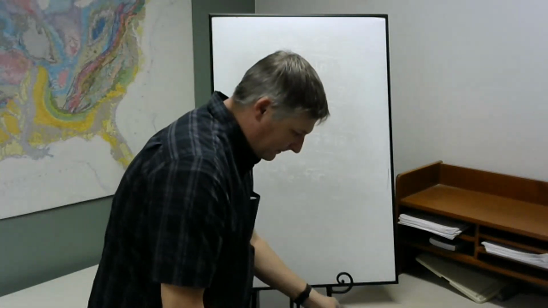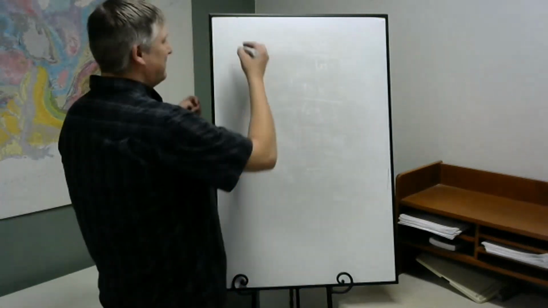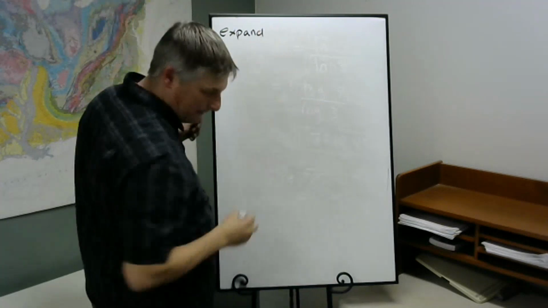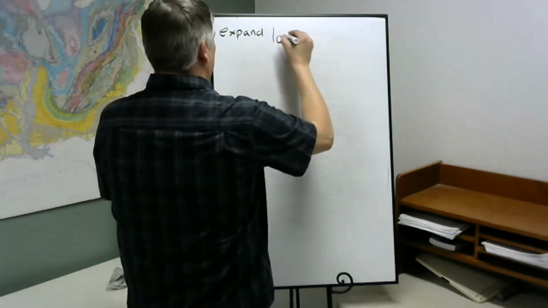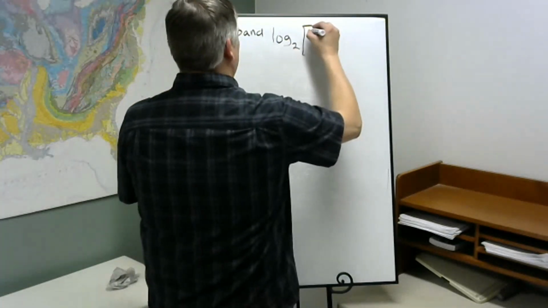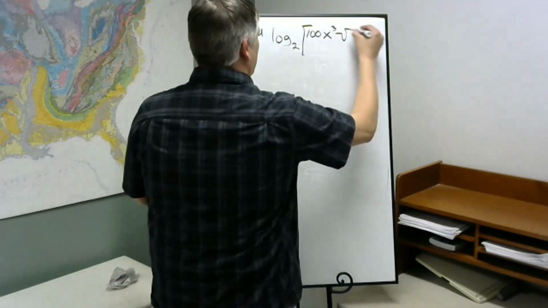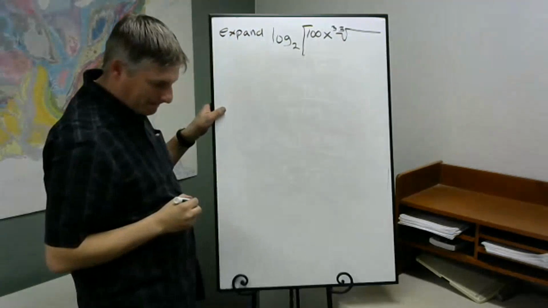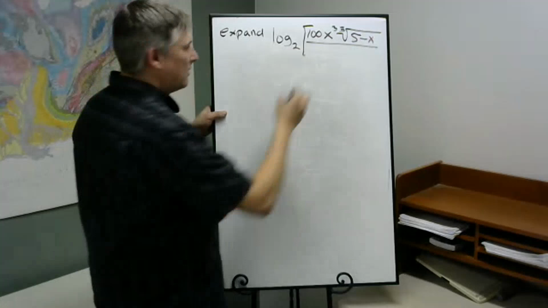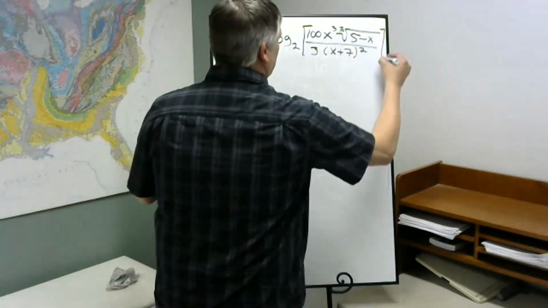Now, let's do a couple examples. For logarithms, let's say we have this. We're going to expand log base 2 of 100 x cubed cube root of 5 minus x, over 3 x plus 7 squared.